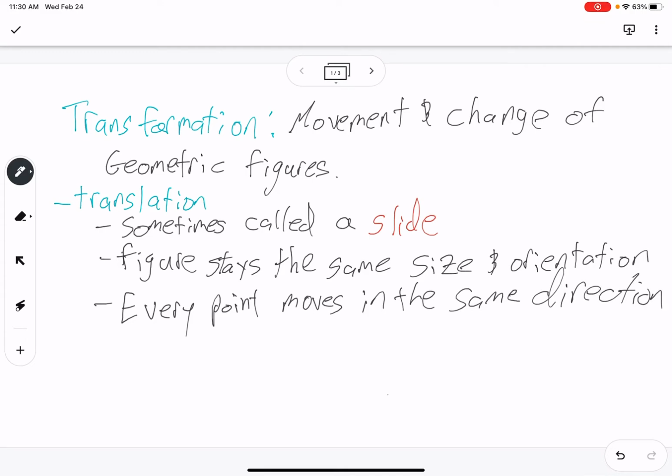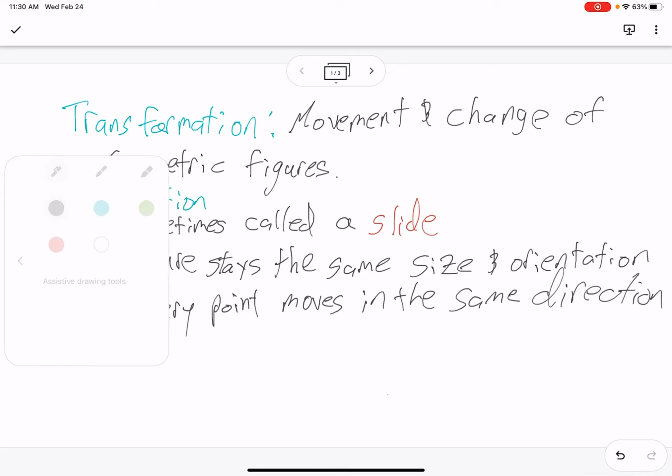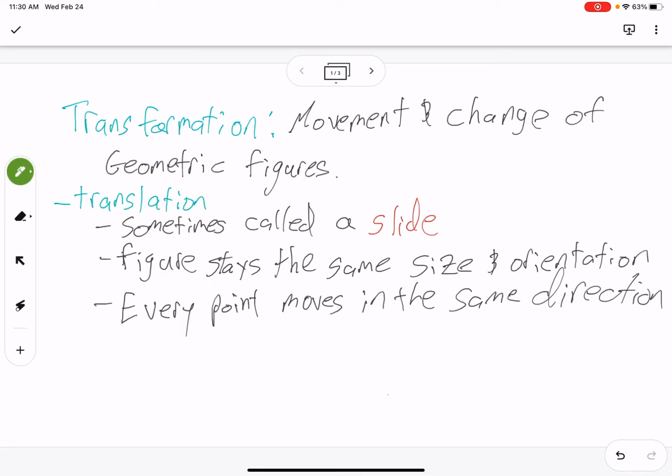Okay? So if you have, like, let's say here, a box, you've got point A, point B, point C, point D, and you are going to move it to the right by 4 spaces.